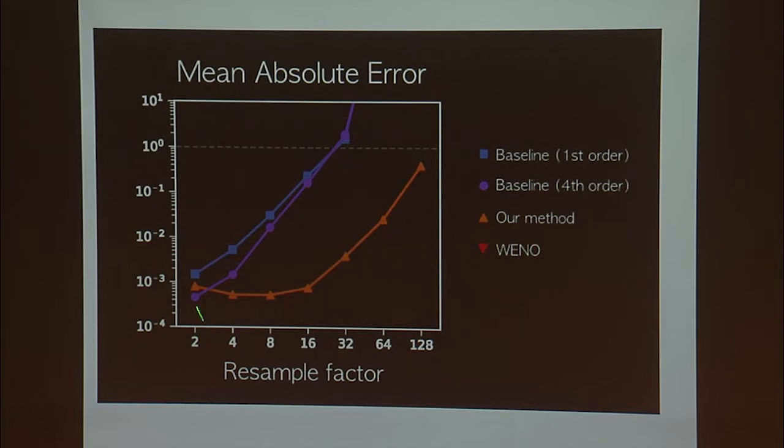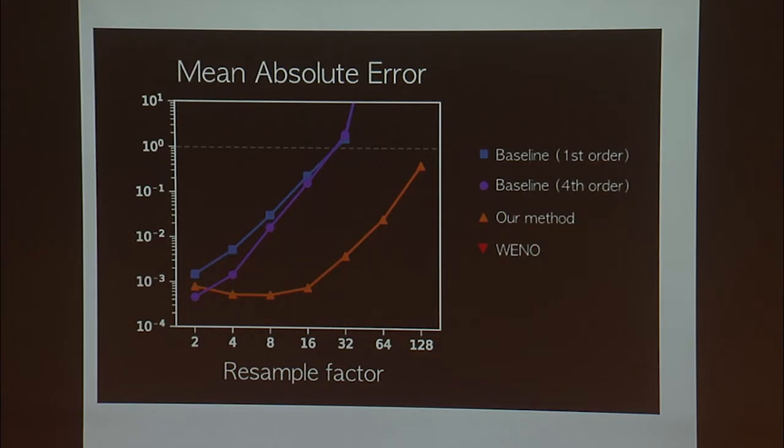So if you quantify this by plotting, for example, the mean absolute error as a function of the resample factor. So the resample factor is how much you've resampled the mesh points over baseline. So this is a first order method. This is a fourth order method. You'll notice the fourth order method beats the first order method, but that's only true theoretically when the mesh spacing goes to 0.